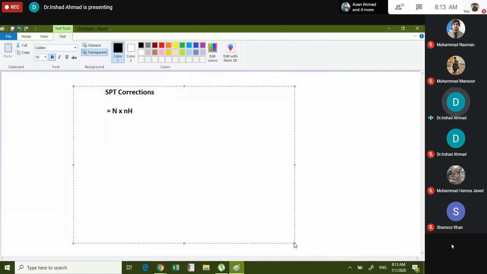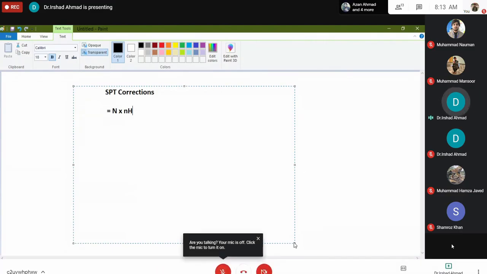This is the hammer efficiency of the machine, SPT machine that you have used and found SPT count equals N. Now you want to know if you had used a standard SPT machine of energy 60, how you would convert it to 60.